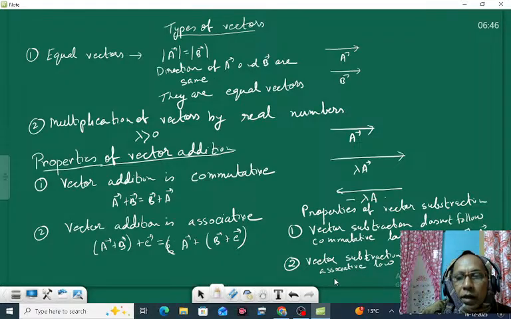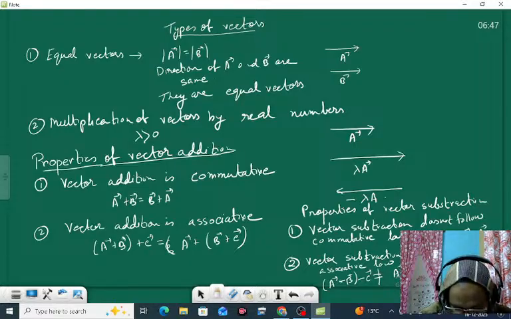That means A vector minus B vector minus C vector is not equal to A vector minus B vector minus C vector. So in case of subtraction, the commutative and associative laws don't follow, but in case of vector addition, it is commutative and associative also, right?